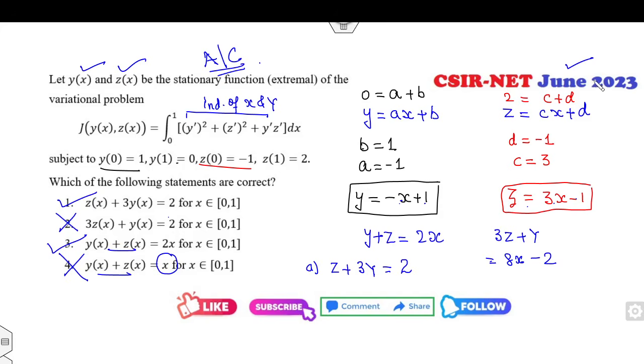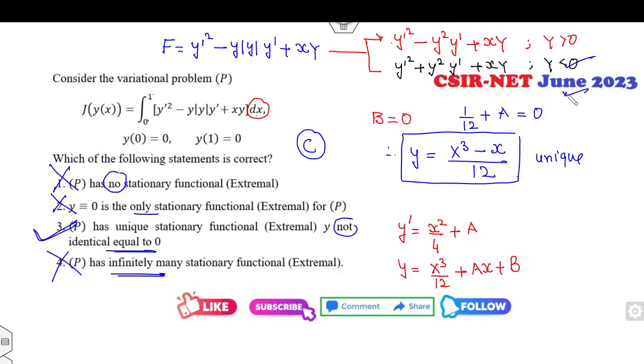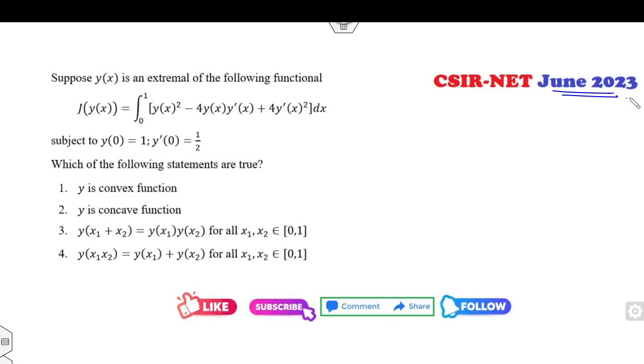So you can see that in June 2023, one more question appears in this case. Again, it's a very simple y square minus 4 y dash plus 4 y dash square. So I can apply the Euler equation. Partial derivative with respect to y: 2y minus 4.